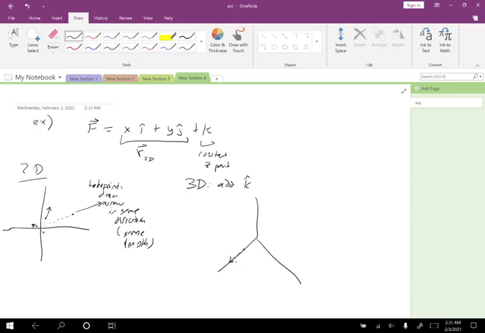But now I want something 3D, so I'm going to shift it up. And if I were doing the 2D version on the y-axis, you might have this vector, but now I'm going to shift it up. Similarly, if I were doing a vector here, then I might shift this up.